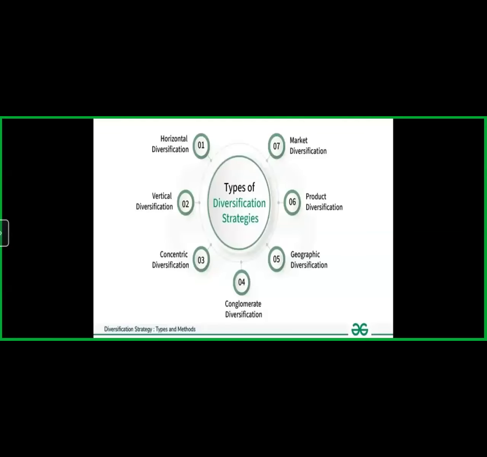So that company is doing what? That company is doing geographical diversification. So the product is same. They are not changing the product. It is not that in Pune they are manufacturing electrical appliances, in Mumbai hospital equipments, and in Satara defense equipments.